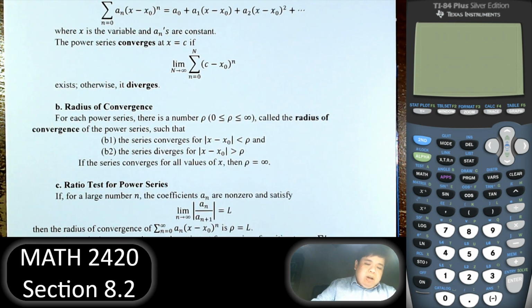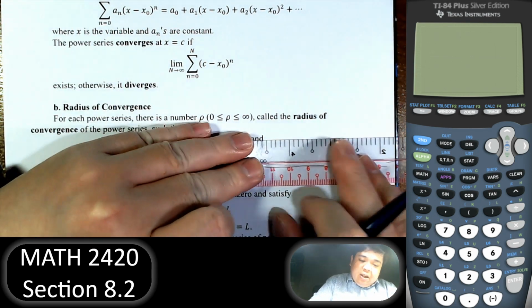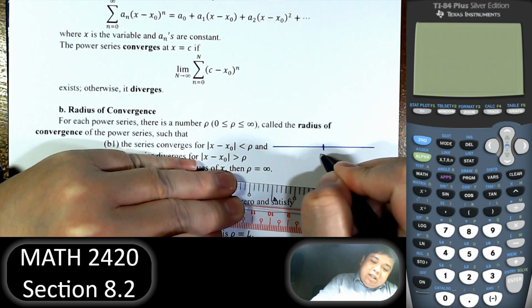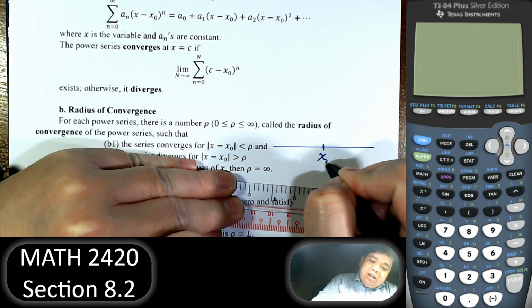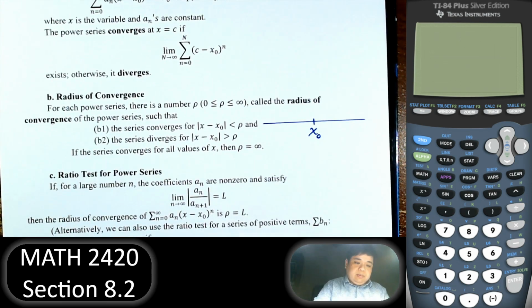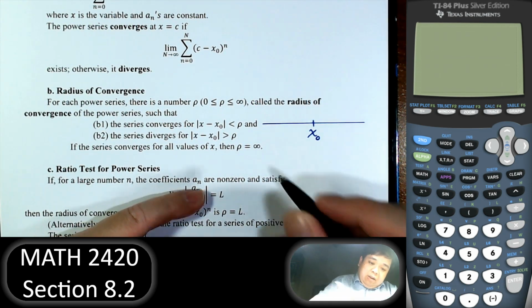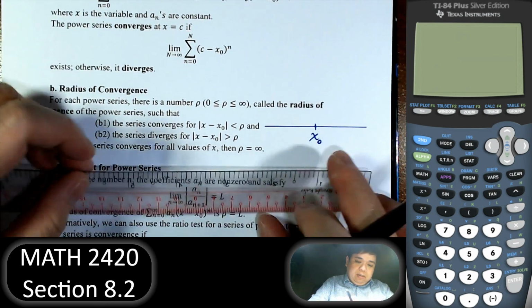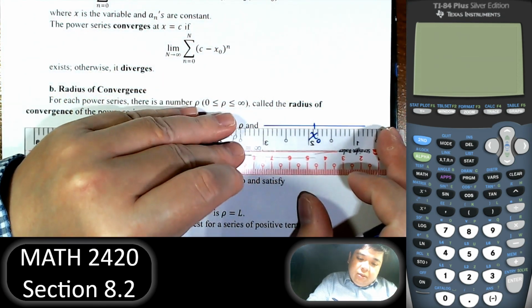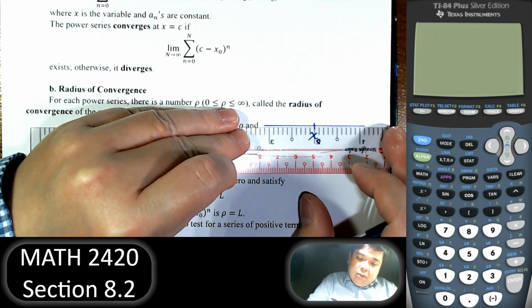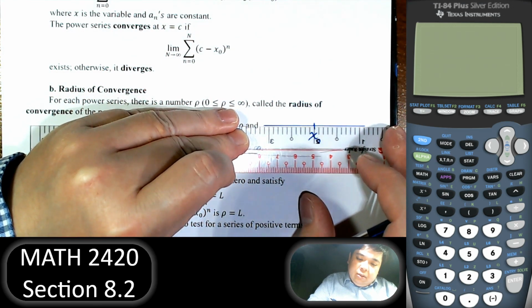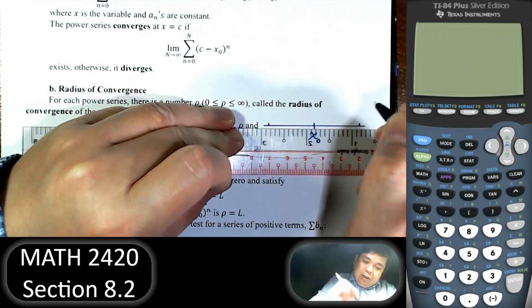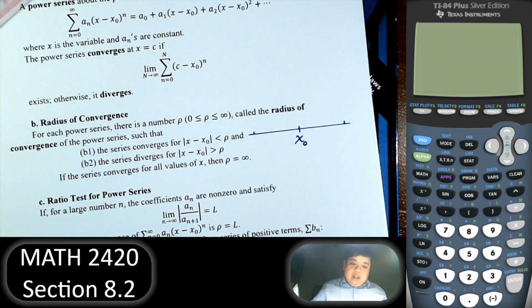The reason we call it the radius of convergence is that x0 is at the center and rho is the radius of convergence.